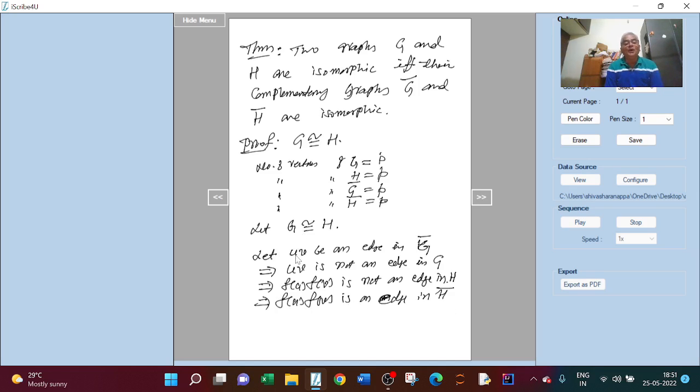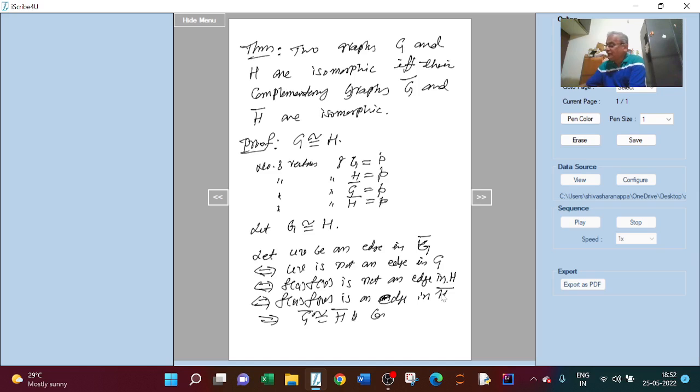And if UV is not an edge in G bar, in a similar way we can prove that F of U F of V is not an edge in H bar. So here we can write if and only if. This shows that if G is isomorphic to H, then G bar is isomorphic to H bar.